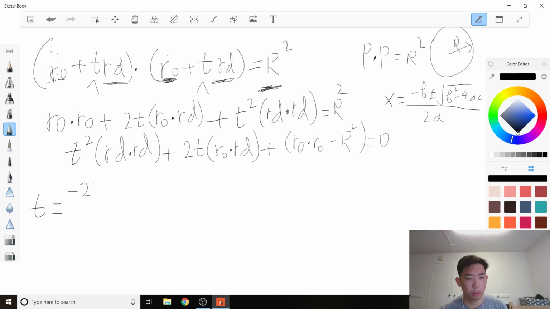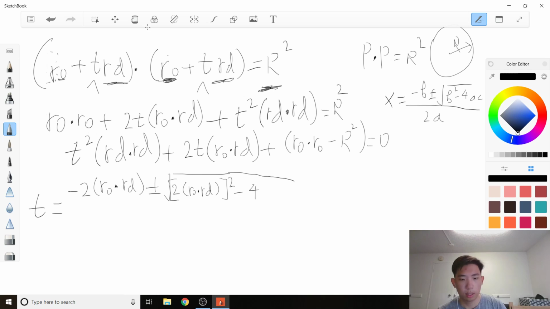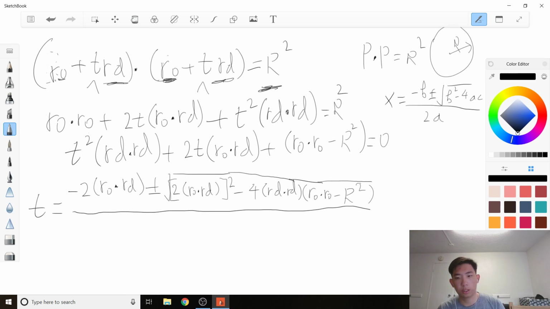Negative 2 times ray origin dot ray direction, plus minus the square root of ray origin dot with ray direction squared, minus 4ac, over 2a.